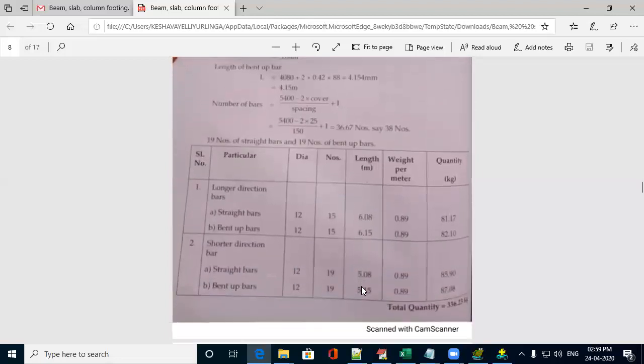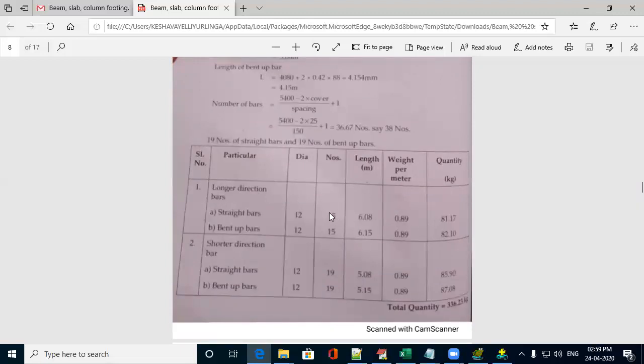So this is the table for the reinforcement calculation, same as that of beam. Along the longer direction, straight bars are 12 mm diameter, 15 numbers, length is 6.08. Weight per meter, you can calculate using the density of the steel and area of the bar.